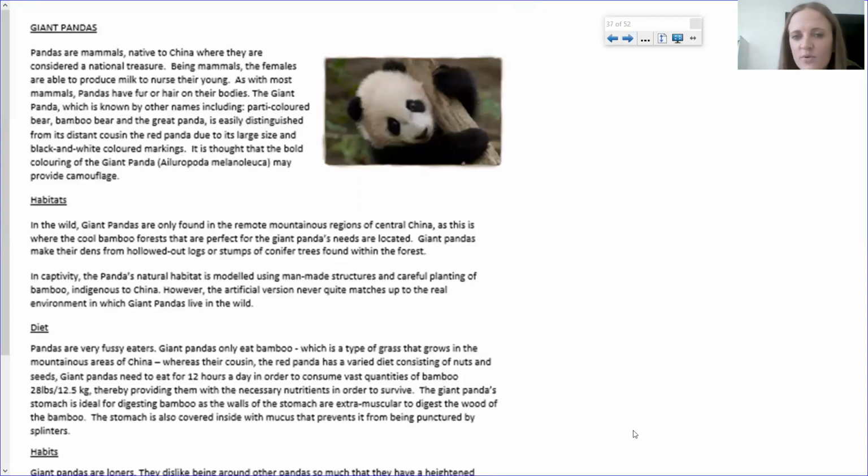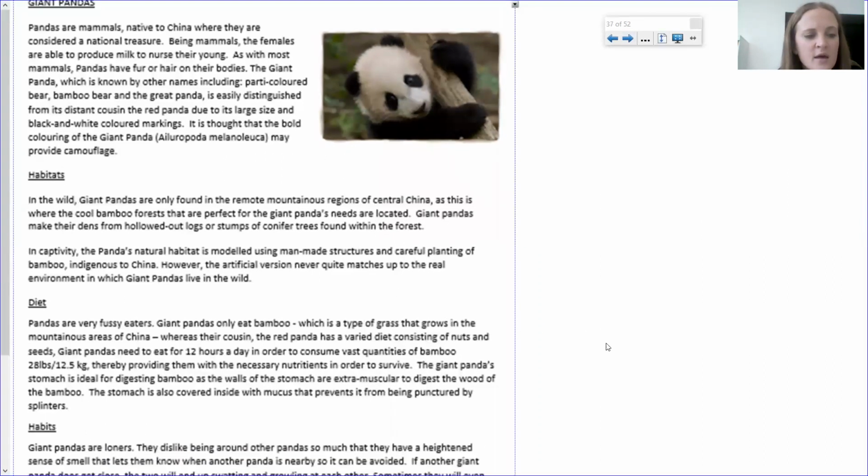Here is another example. This one is about giant pandas. With these ones, again, we have got our heading of giant pandas. We have got the introduction there. This subheading tells me that this paragraph here is going to be about the habitat that the giant panda lives in.